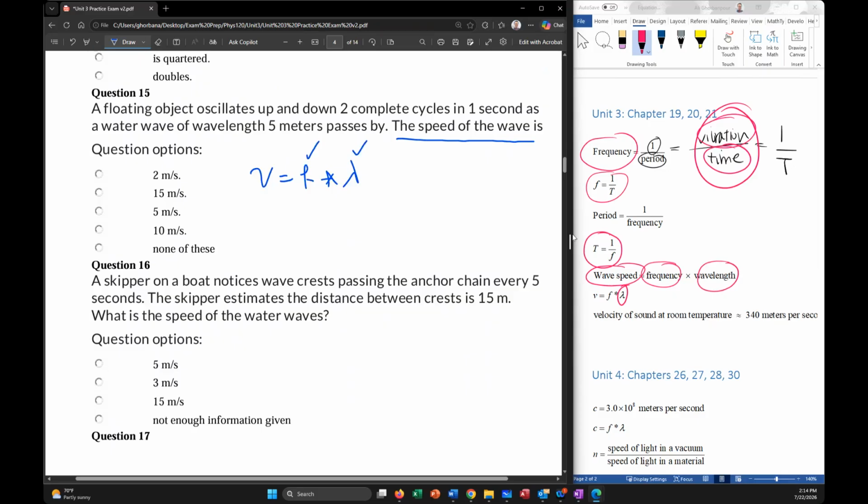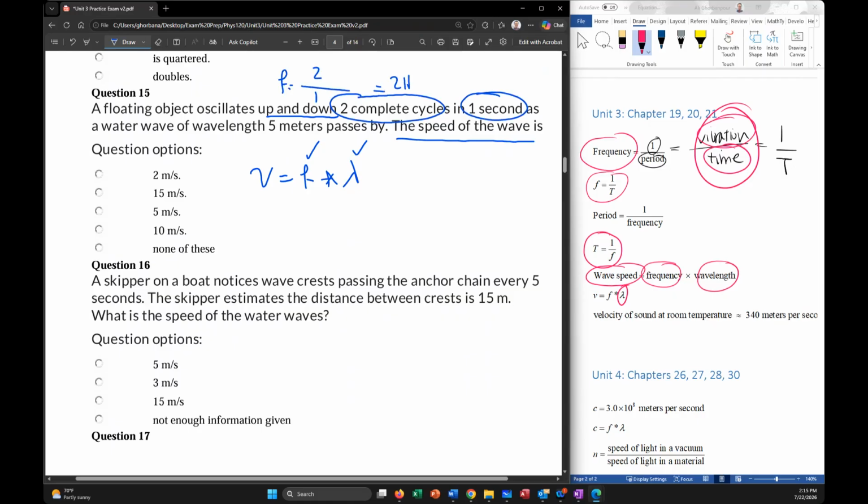A floating object oscillates up and down. I think we solved this, yes? No. Let's do it again. Up and down, two complete cycles in 1 second. This gives me the frequency definition. Frequency is the number of vibrations, two vibrations in how many seconds? 1 second.